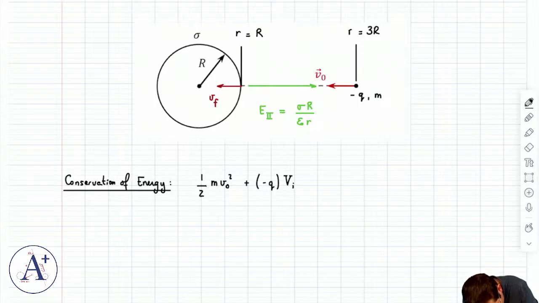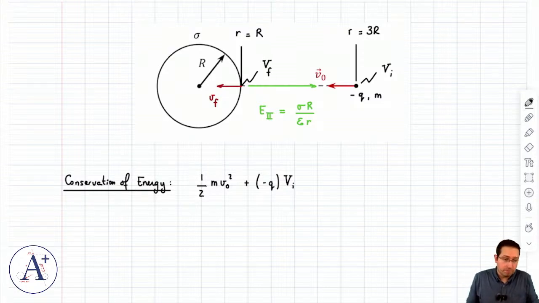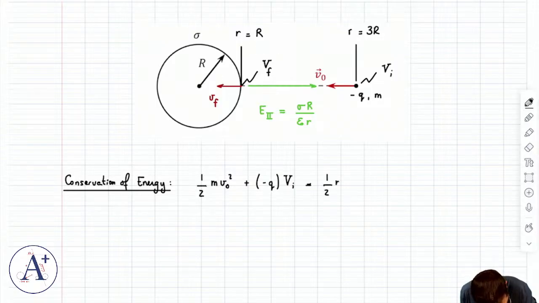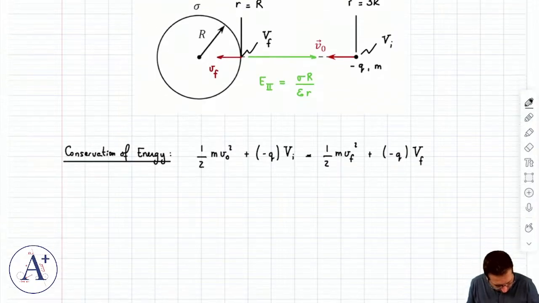We'll call V initial the electric potential at this point, and capital V final the electric potential at this point. Kinetic energy upon impact is 1/2 m little v final, that's what I'm solving for, squared, plus electric potential energy, which is minus Q times capital V final.